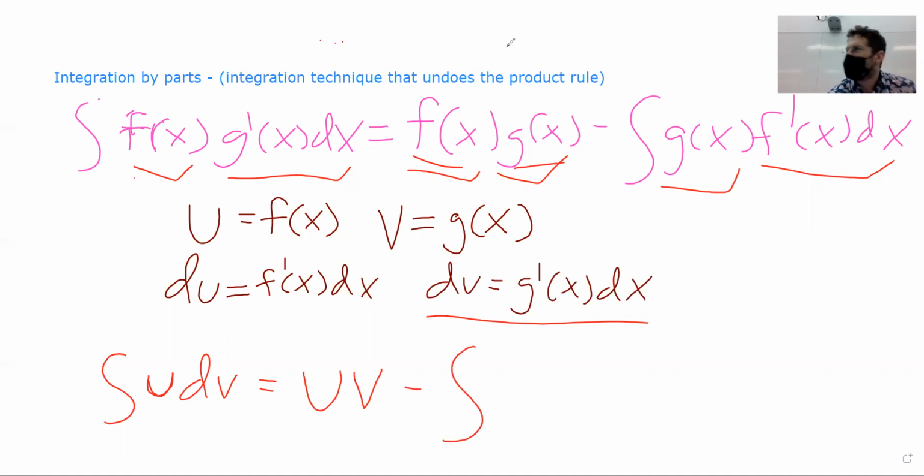And then what's this one going to be? G of x times f prime dx. What two objects are those? v du. Outstanding. Okay. Everybody okay so far?